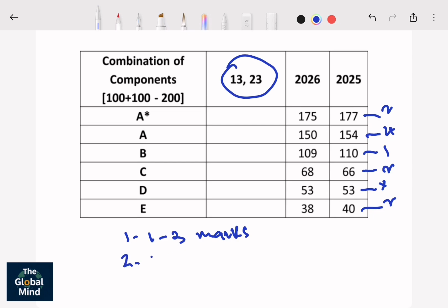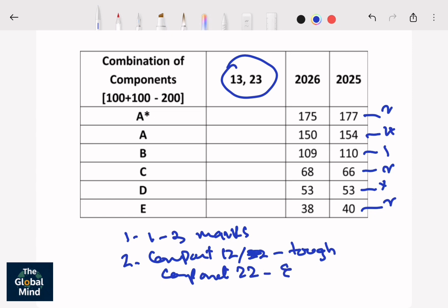Second is that component 1 2 is moderately tough, and component 2 2 is moderately easy. So in future you should put more focus on this one.